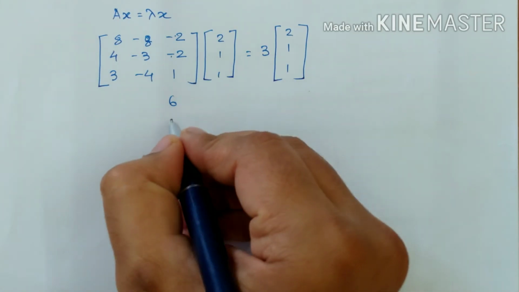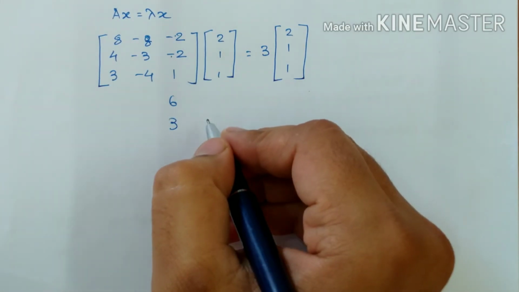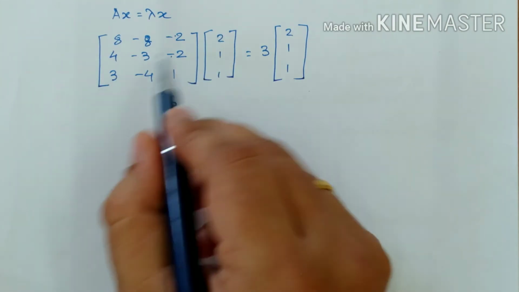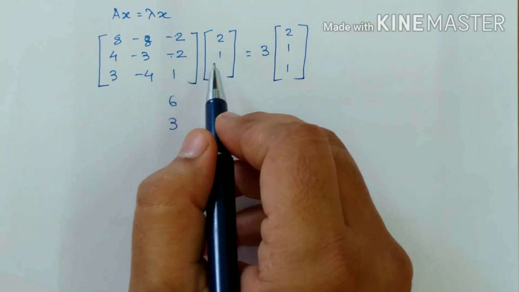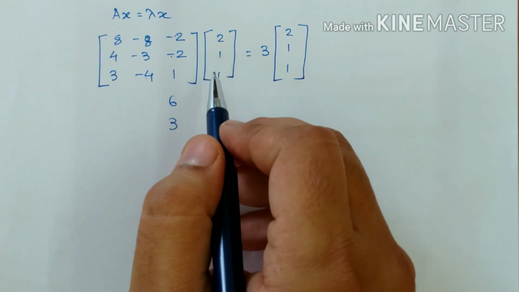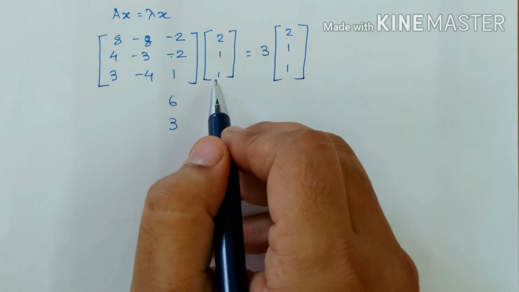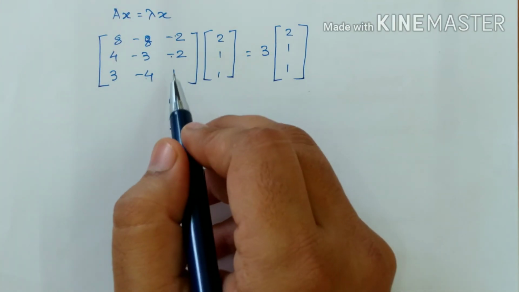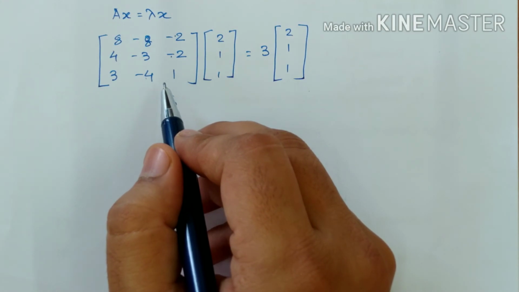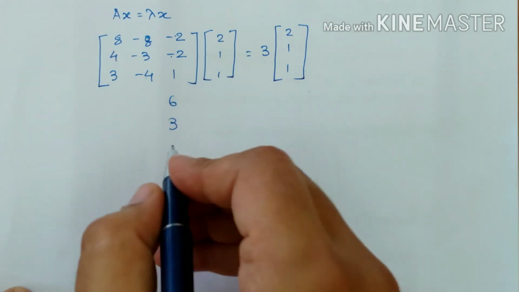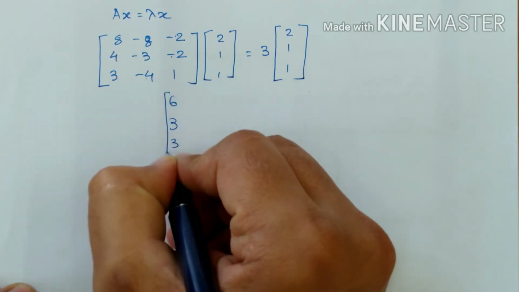So that gives me 3. Next, third row, 3 2s are 6, minus 4 into 1 gives minus 4, and 1 into 1 gives 1. So 6 minus 4 plus 1 gives me 3.